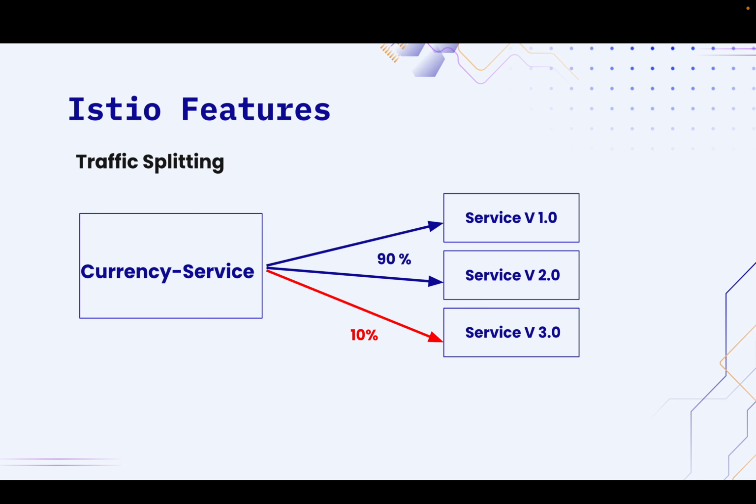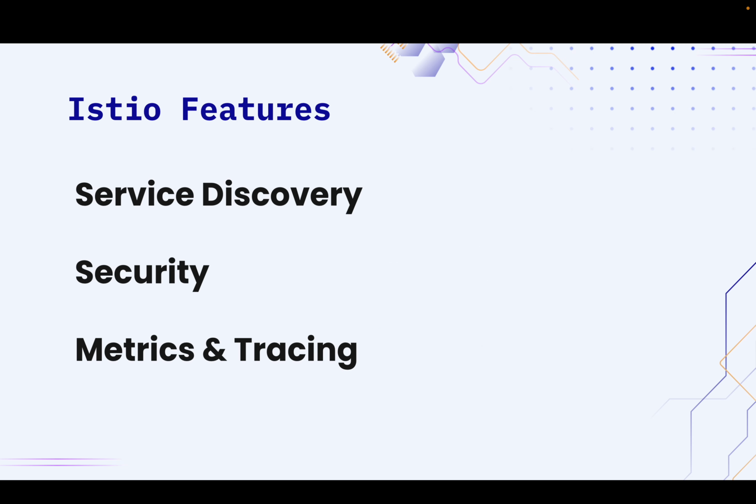Let's say you have a currency service microservice, and you have three different versions: version 1, 2.0, and 3.0. Let's say this is the latest version, and you want to make sure that only 10% of the traffic goes to this newly created service, and 90% of the traffic goes to the older versions of this currency service. This is something you can achieve with Istio features, with the Istio service mesh.